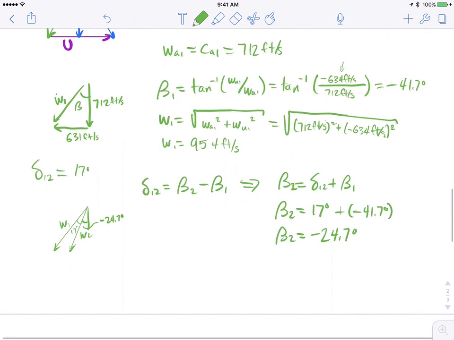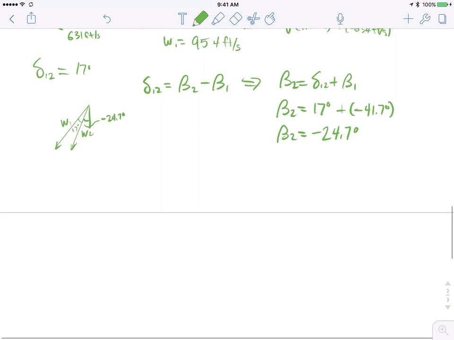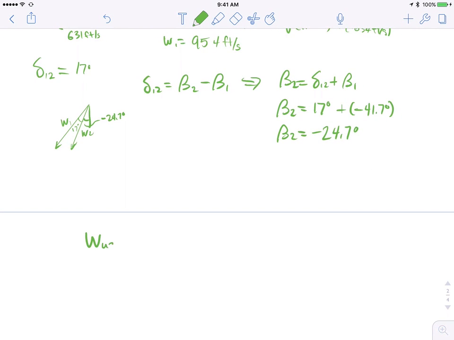We can therefore calculate the new relative tangential flow velocity, WU2, just based on our velocity triangle. We still have the same axial component, WA1 equals WA2, and we're interested in finding our new value of WU2. We can find that by looking at WA2 times the tangent of our flow angle, beta 2.